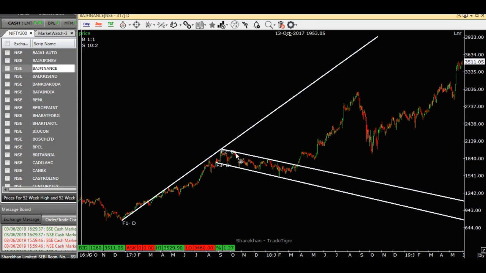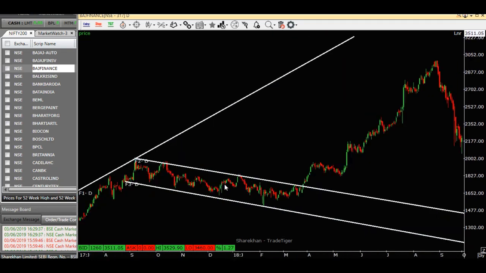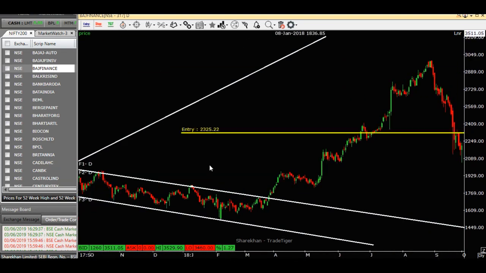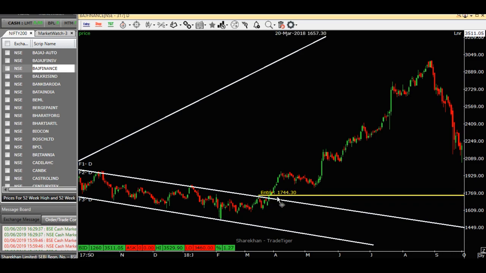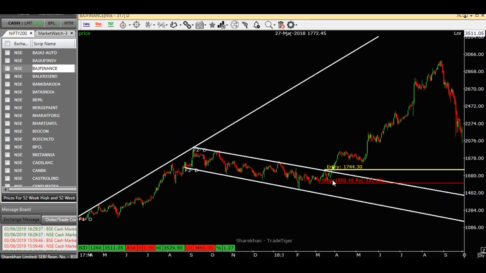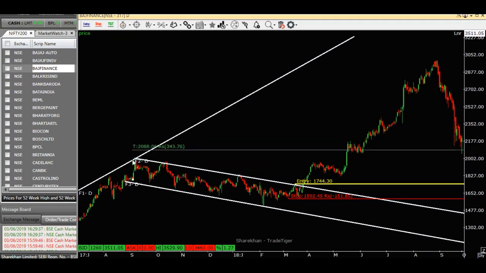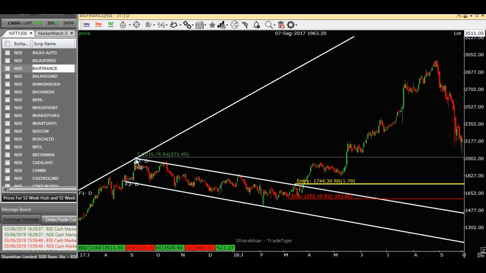Then we start to get this pullback. After this nice up move, price just starts to move in this range, in this pullback. And now eventually it breaks out. This is my stop loss midpoint, and for the target we can keep this high here, the pole high.